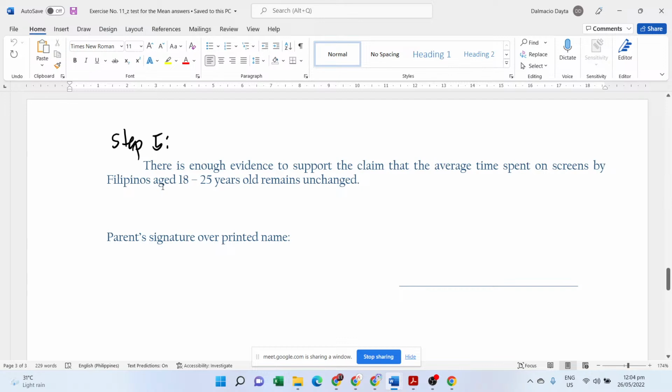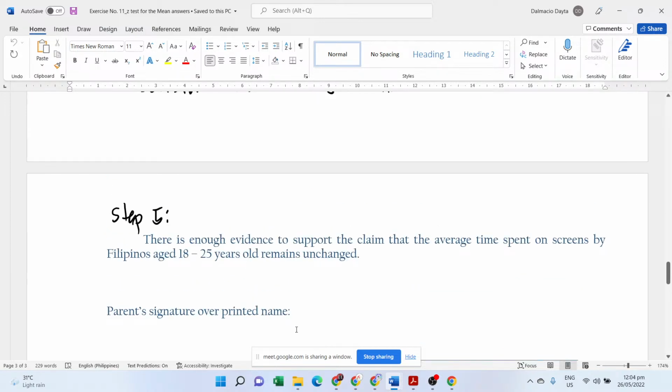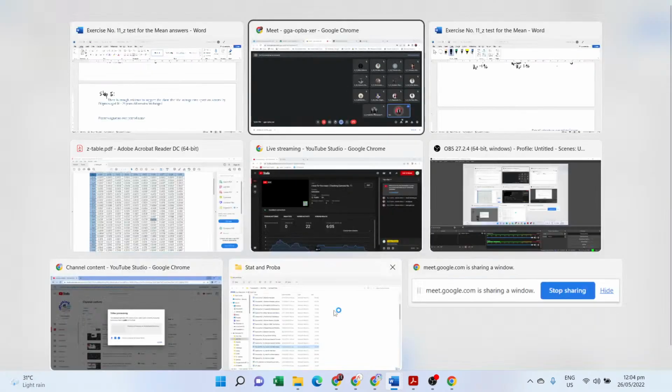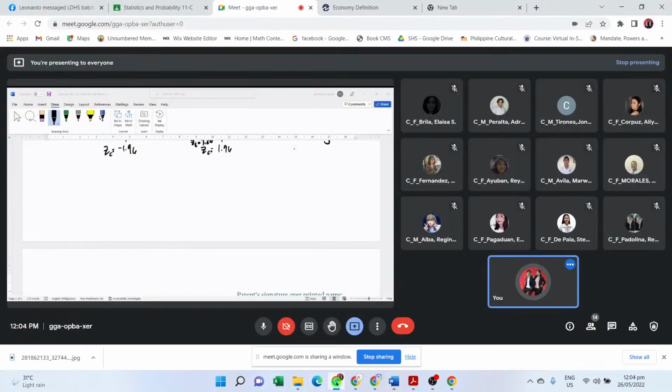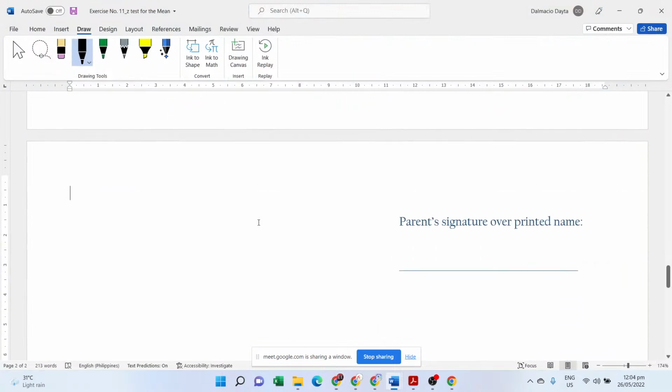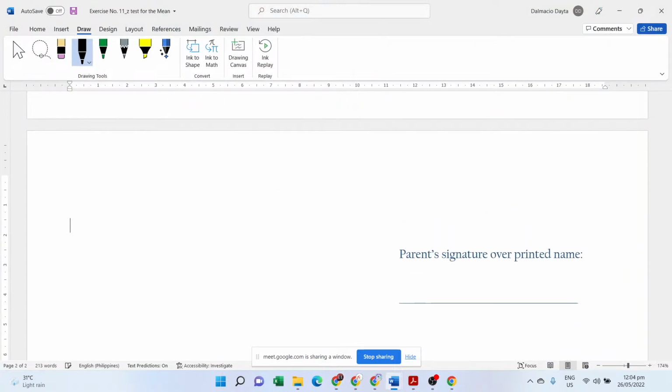So, last part is the conclusion, no? Step 5. So, ito ngayon yung ating step 5. Okay? Wait lang, saan ko ba lalagay? Ayan. So, step 5 is the conclusion.